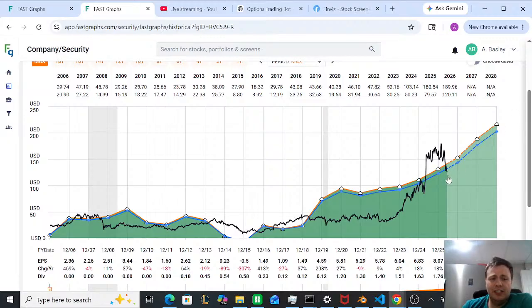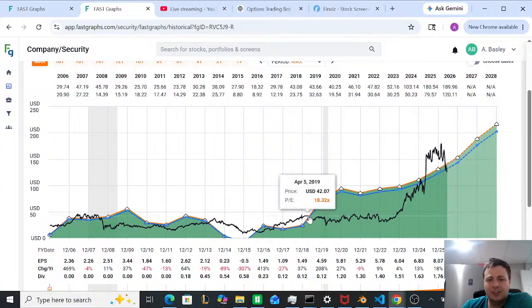If we look at the history of the share price, the historical view here, we can see that the share price was long beaten down under earnings. This would have been a good time to be accumulating, but you would have been sitting flat for a long time.